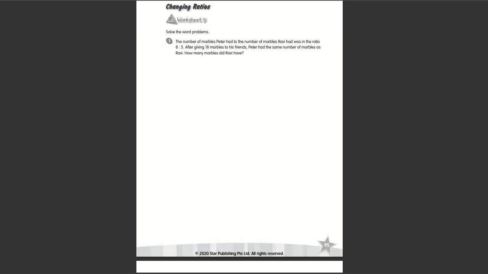So in questions that involve changing ratios, you'll read the story and then you realize that there's a series of changes happening. Somebody gave somebody something, some was lost. There's this exchanging going on. Basically, there's a story that involves changes, and then you see the ratio changing. At first, it was this quantity to this quantity, and then it changed after that.